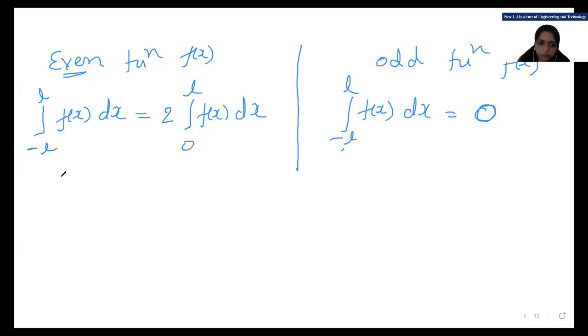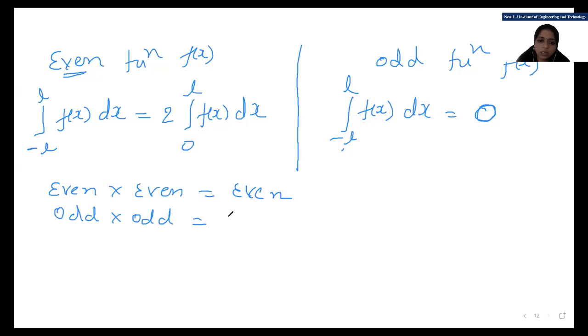One more thing, students: even into even function is always even. Odd into odd is also even, right? But even into odd is odd.